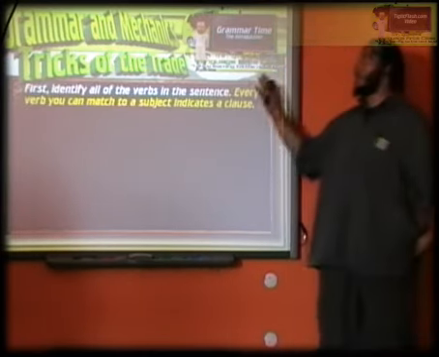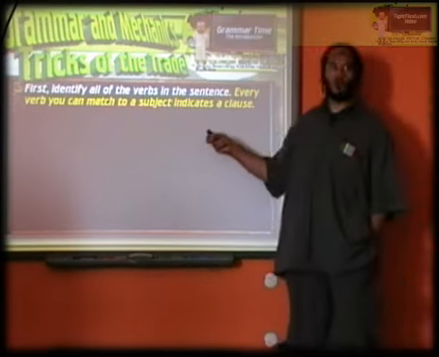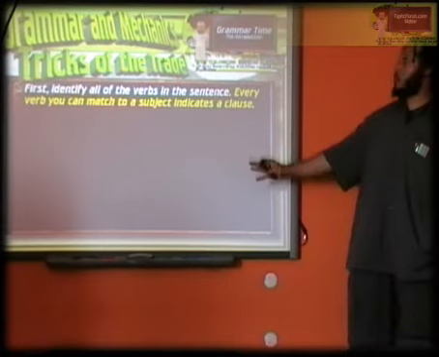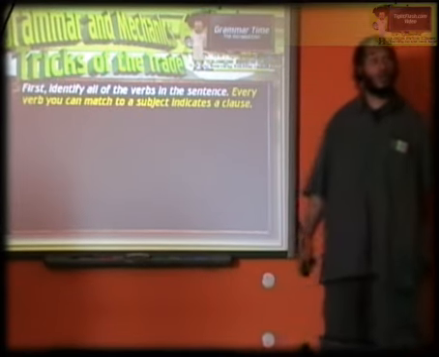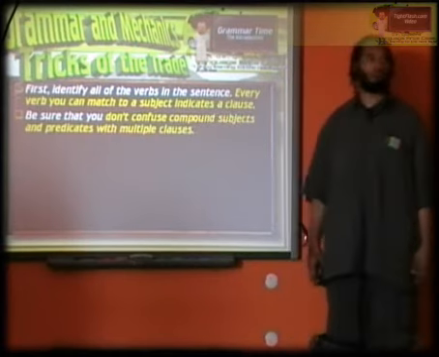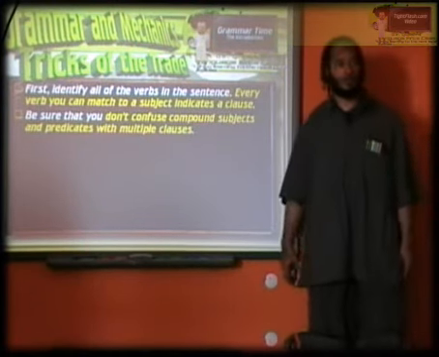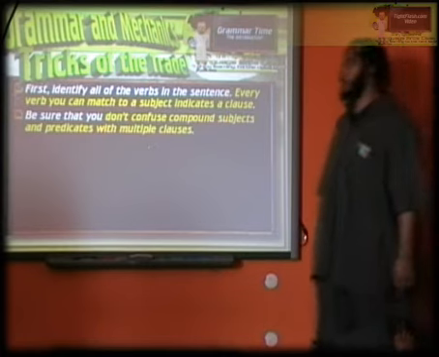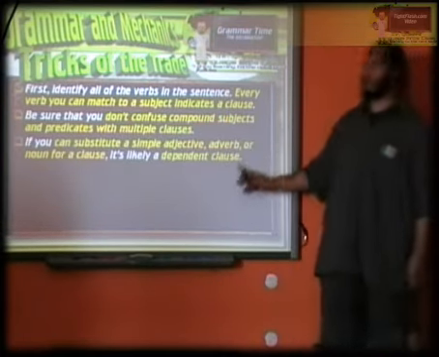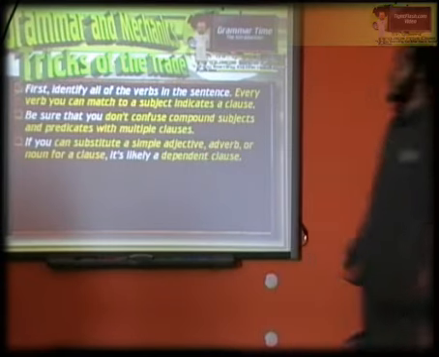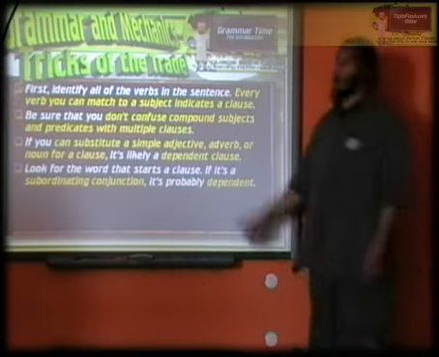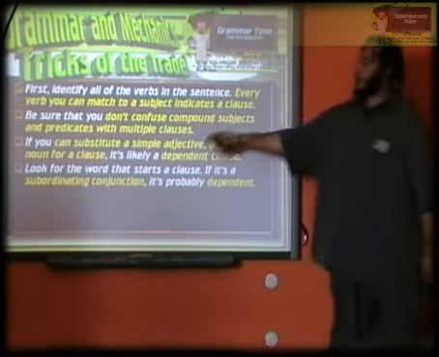Number one, first identify all the verbs in the sentence. Every verb you can match with a subject indicates a clause, with the exception of compound subjects and compound predicates. If you can substitute a simple adjective, adverb, or noun for a clause, it's likely a dependent clause. And we're going to talk about that one.